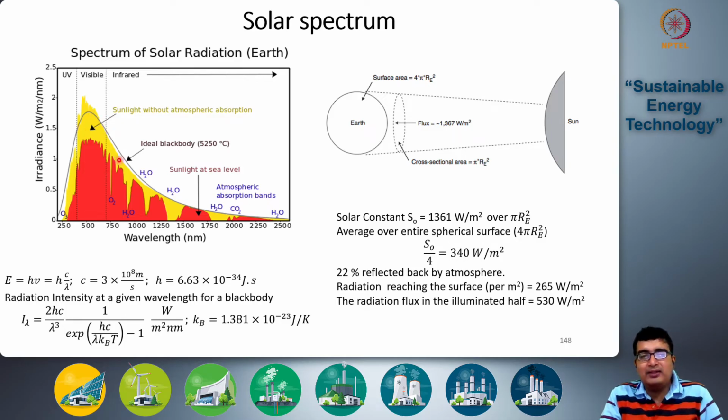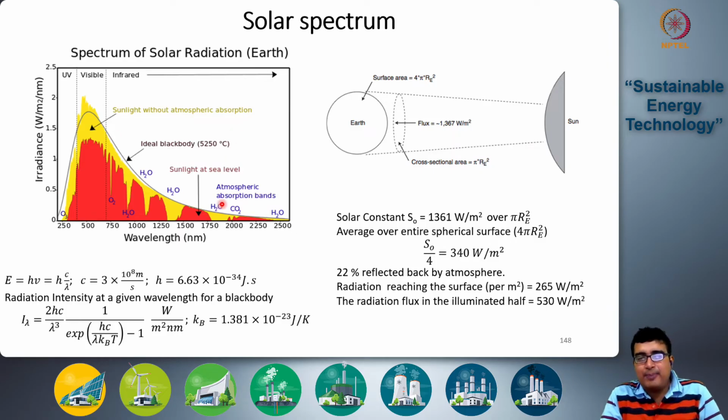However, there is significant radiation also in the ultraviolet zone here and in the infrared zone here. This black line is the idealized black body spectrum of a body at 5250 degrees centigrade, which is around 5500 kelvins, because we add 273 to get kelvins.